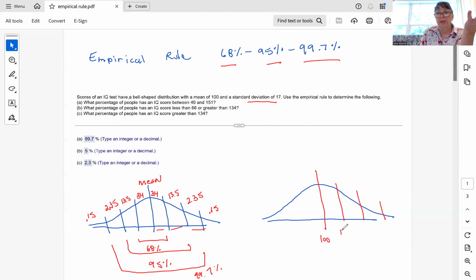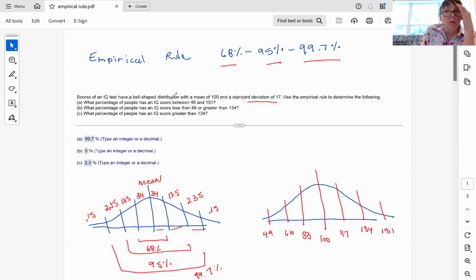So 100 plus 17, 117, and then plus 17 more gives you 134. And then plus 17 is 151. Going backwards, subtracting off 17, you get 83. And then 83 minus 17, you get 66, and then 49.